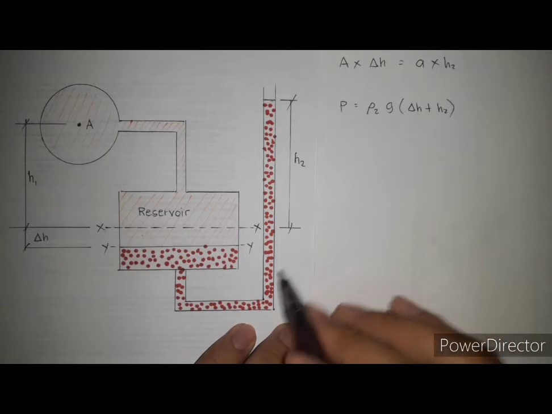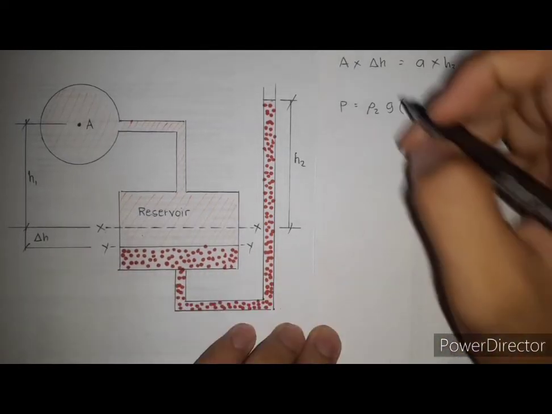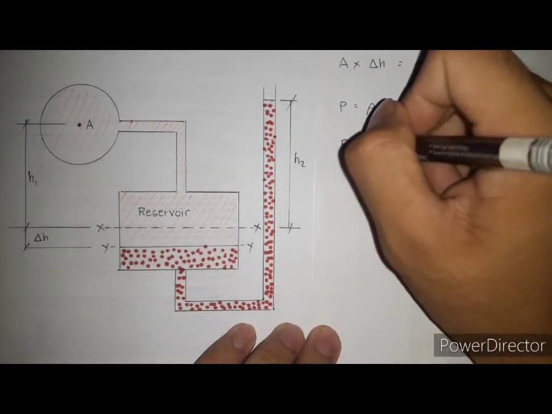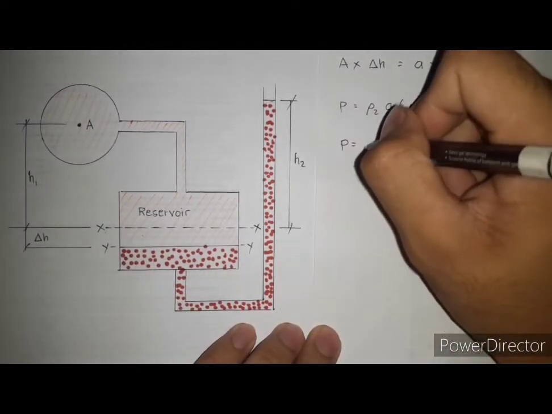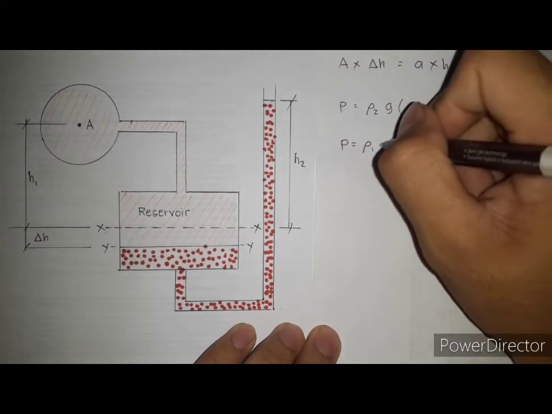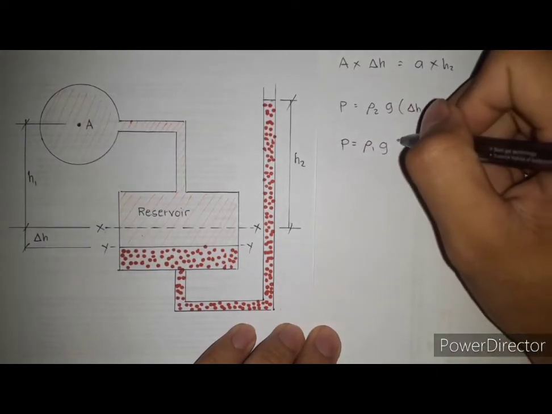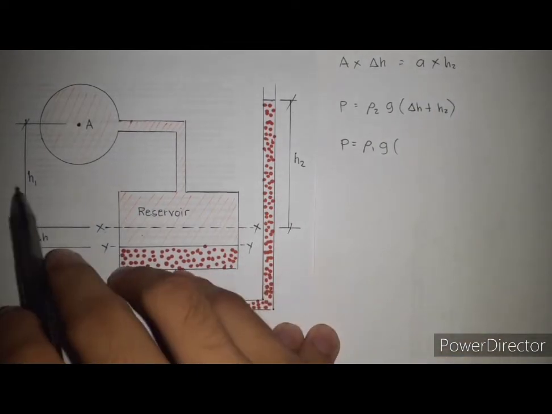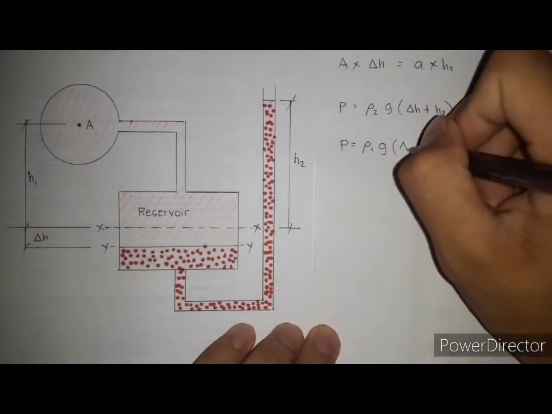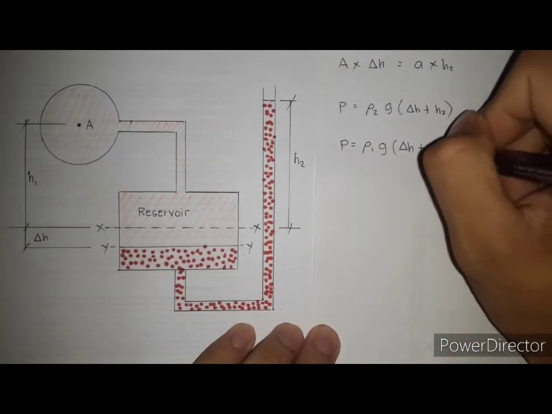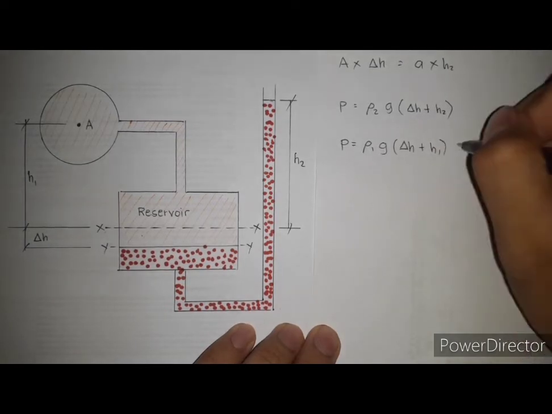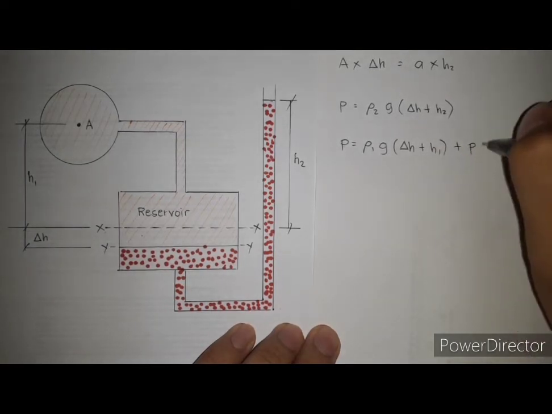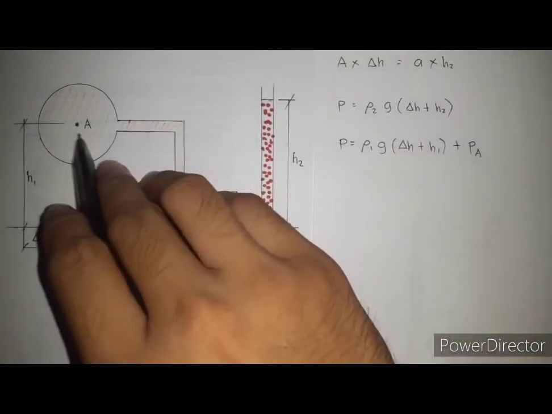Then we will get the pressure in the left limb, which is P equals density 1 times G times the height, delta H plus H1, plus the pressure here at A.